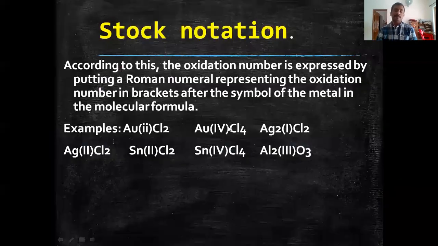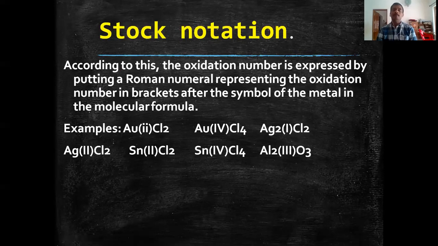Stock notation. What is stock notation? It is a method of writing the molecular formula of metal compounds in which the oxidation state is given in brackets in Roman numerals. That method of representation is known as stock notation. For example, Au(III) chloride, auric chloride; Ag(I) chloride, where the number is the oxidation state of silver.